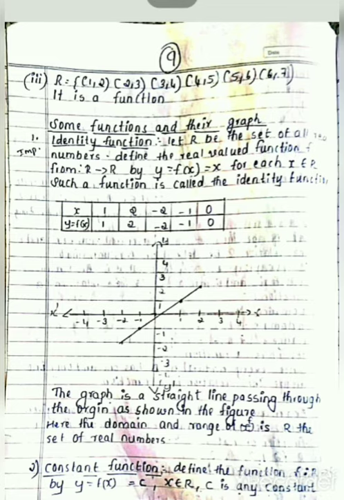What is an identity function? A relation R is said to be an identity function on real numbers if y is equal to x for each x belonging to R. Such functions are called identity functions.